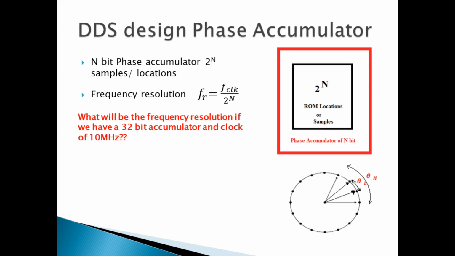The lowest frequency would mean that I have moved from this point to the adjacent point, where a lot of clock cycles have gone by, and I am still moving from, say, this point to the next point.